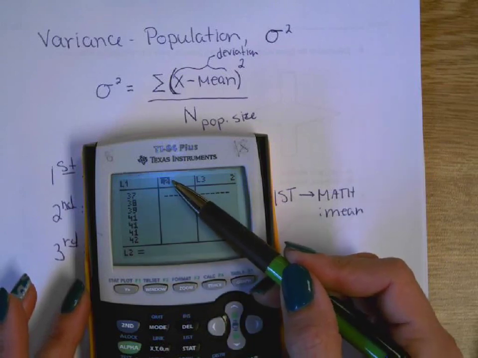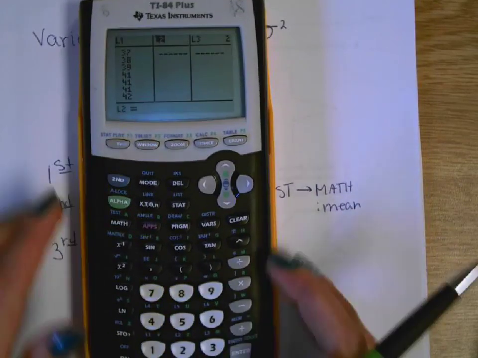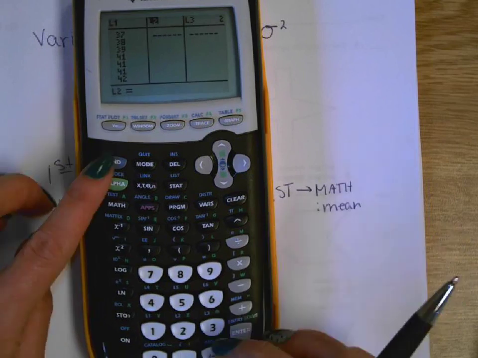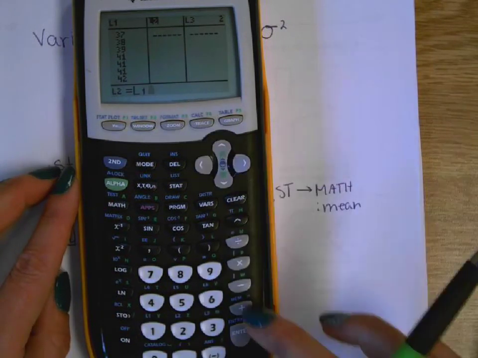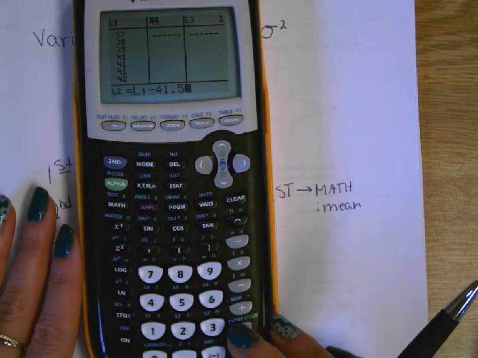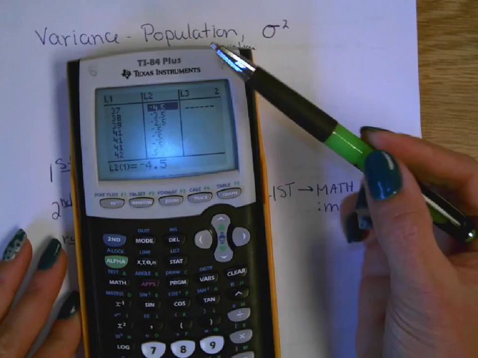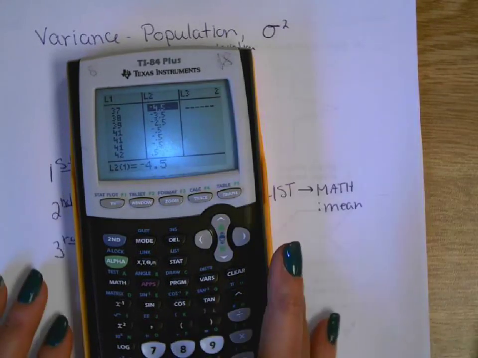And watch how I can do that. So I'm up here on the top. I'm going to say, take everything in L1, so second L1, subtract 41.5, because that was my average. I hit enter, and it just did all 10 of those subtractions for me. Okay, so we have the deviation.